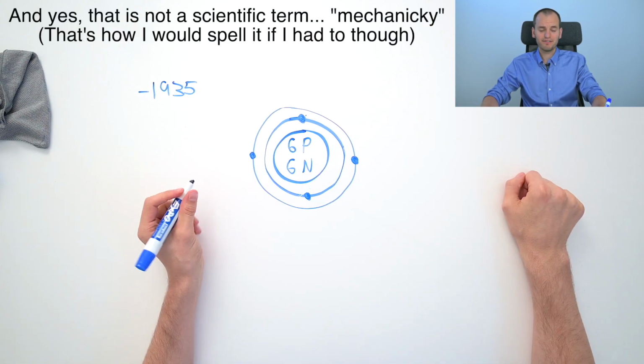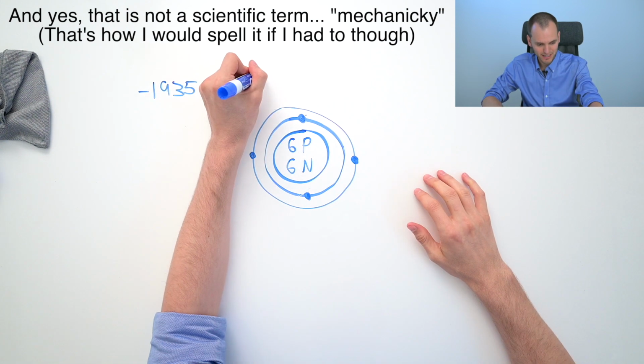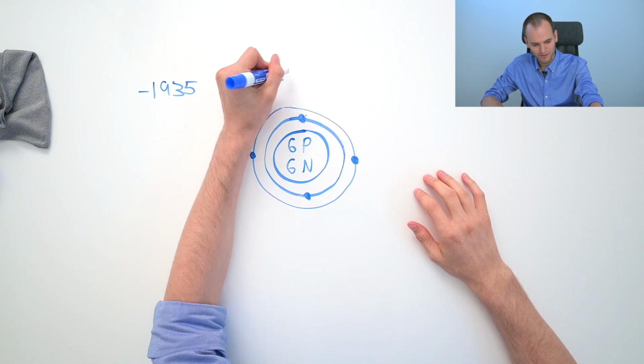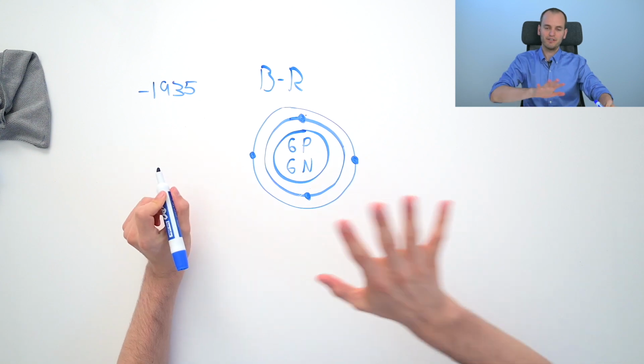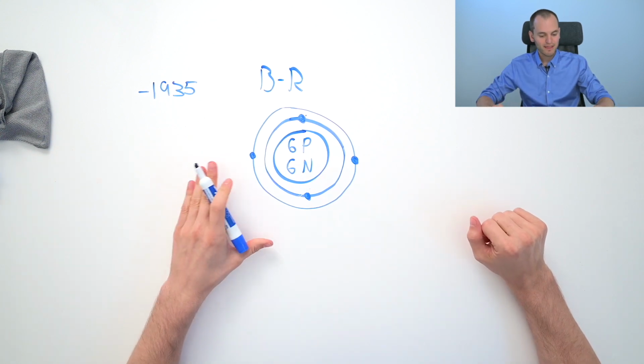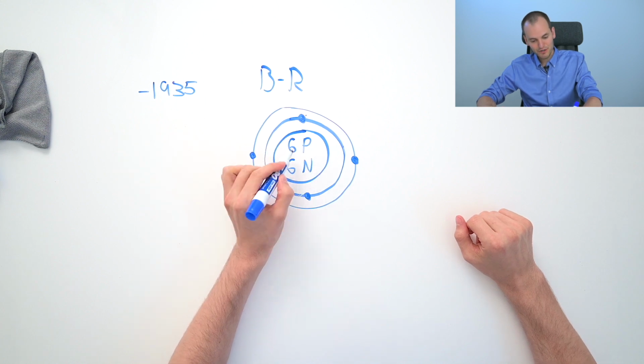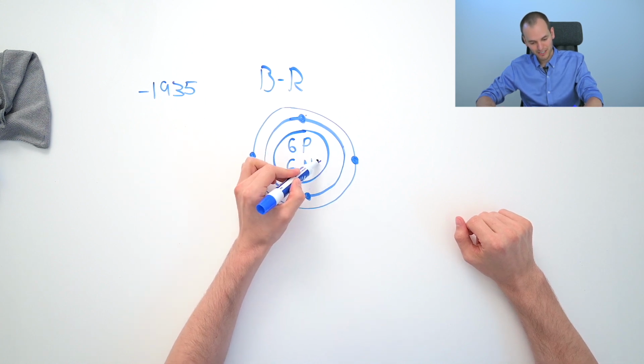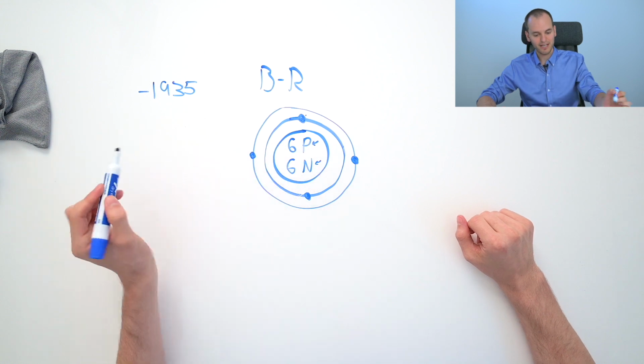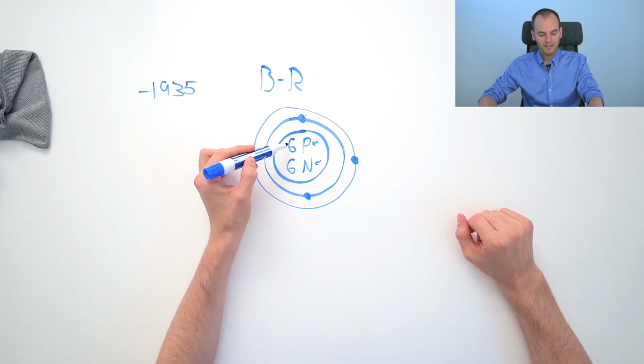So this model of the atom, or diagram, is known as the Bohr-Rutherford model. I'll abbreviate that to BR. And the Bohr-Rutherford model encompasses the understanding of the nucleus, which is here, which has the neutrons and protons in the center.